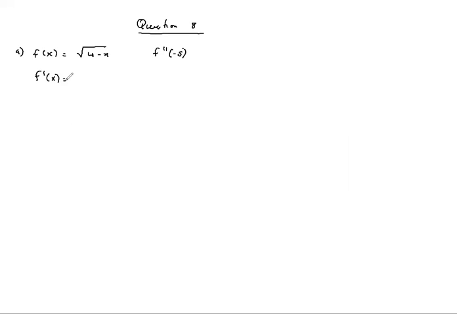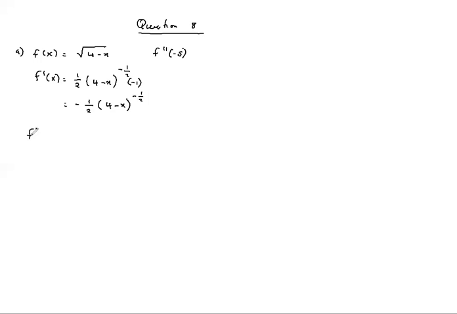Now, the root is the same as the power half. So in differentiating, we drop it down, and then we subtract 1, multiplied by the derivative of the inside, which is just -1. So this is -1/2 (4 minus x) to the power -1/2.